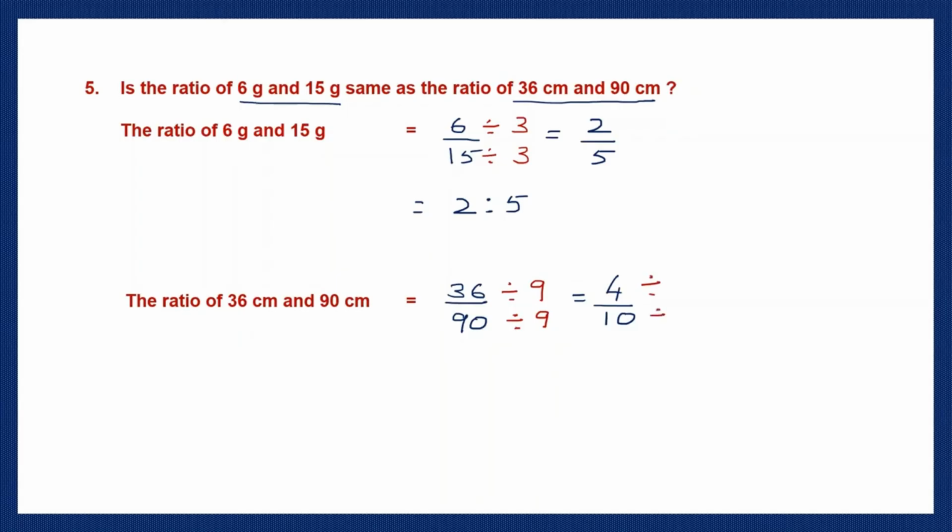Now we can divide these two again. We can use a common factor, we can use 2 this time. So let's divide using 2. We get 2 2s are 4 and 2 5s are 10. So the fraction is 2 by 5 and the ratio is 2:5. The first ratio that we got was 2:5 and the second ratio is 2:5.